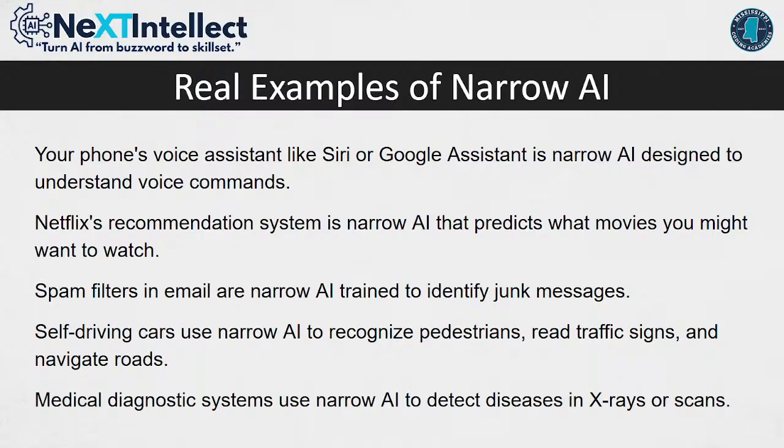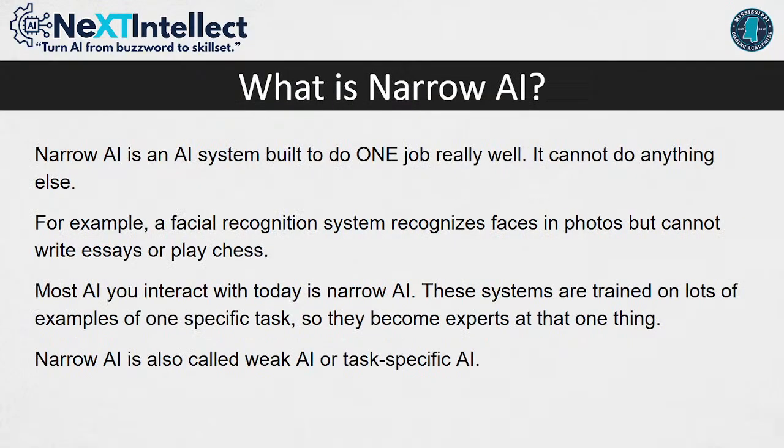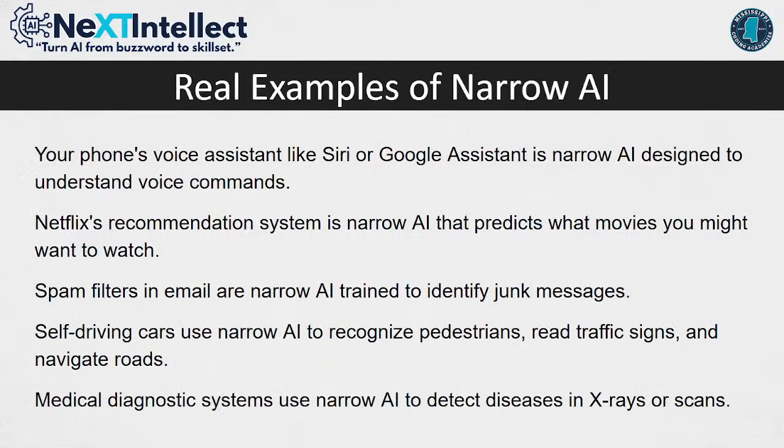Self-driving cars use narrow AI to recognize pedestrians, read traffic signs, and navigate roads. Medical diagnostic systems use narrow AI to detect diseases in x-rays or scans. So we have a wide range there of things that are all labeled as narrow AI. Also, weak AI and task-specific AI.